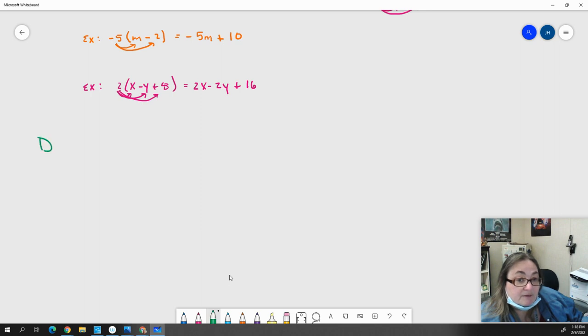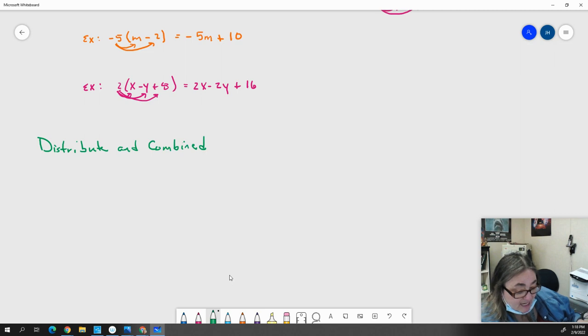So if I distribute and combine, nothing up above that we were doing could be combined, right? We didn't have any like terms once we multiplied them through that could be combined together. I can't combine minus 5m plus 10, but that's not always going to be the case, right?